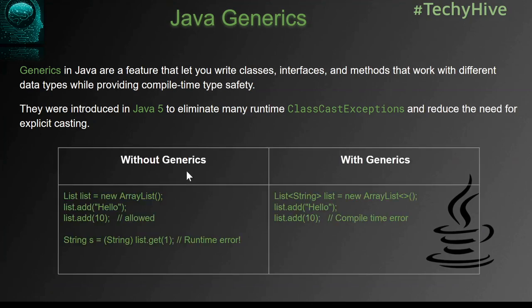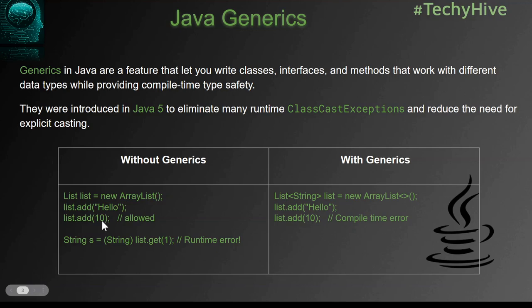Here we have created a list without generics and with generics, and our purpose is to create a list of strings. In the example without generics, the compiler is allowing us to add an integer to the list of strings. Here we want a list of strings, but the compiler is allowing us to add an integer.